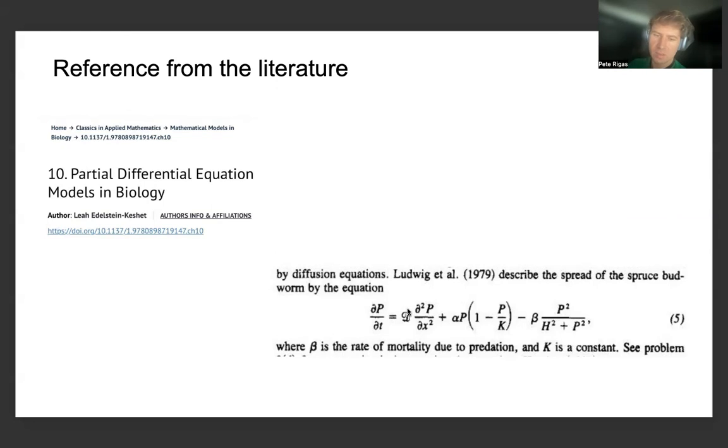And it's given by this expression here, in which the solution P is dependent on time, and the other side of the partial differential equation is dependent upon some scalar parameters given by alpha and beta, P over Q, where P is the solution again, with the exception that we're not differentiating it, as well as a second spatial derivative of the solution with respect to x multiplied by some diffusion constant script D.